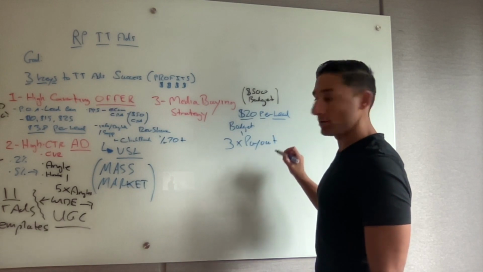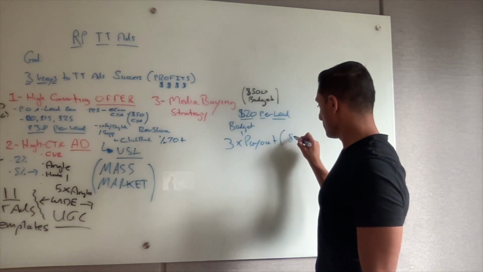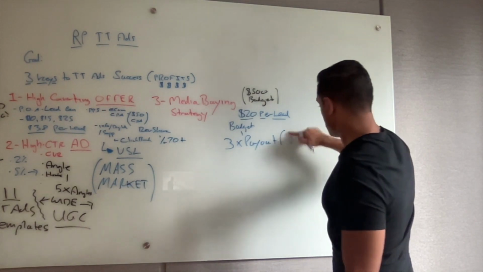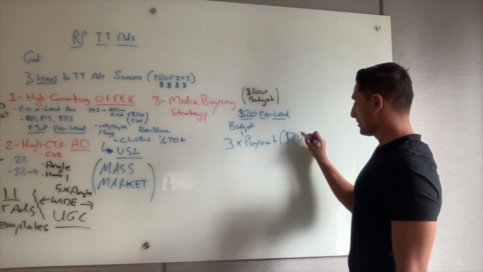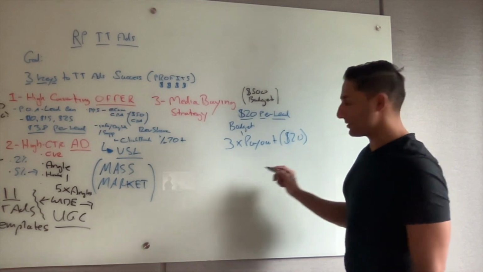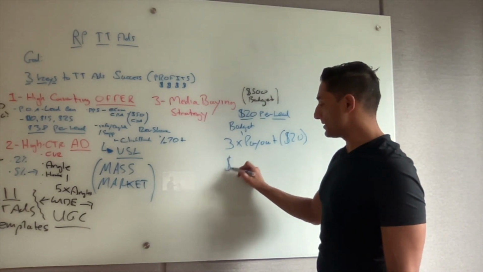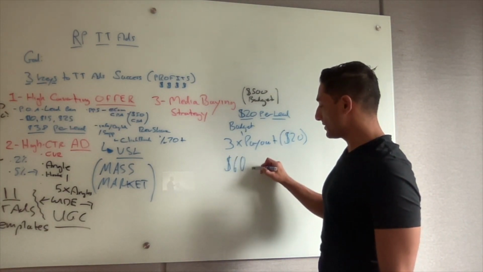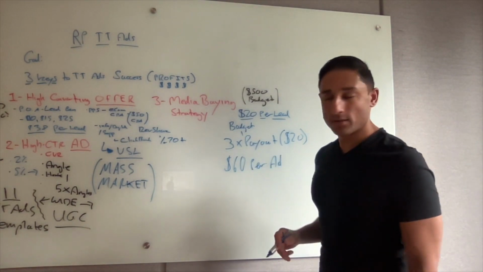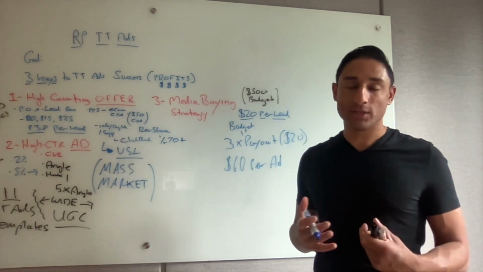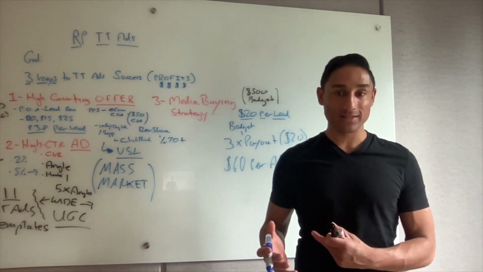So what's that? 3 times $20, right? So that means basically I need to be able to spend $60 per ad to get something called initial test data.